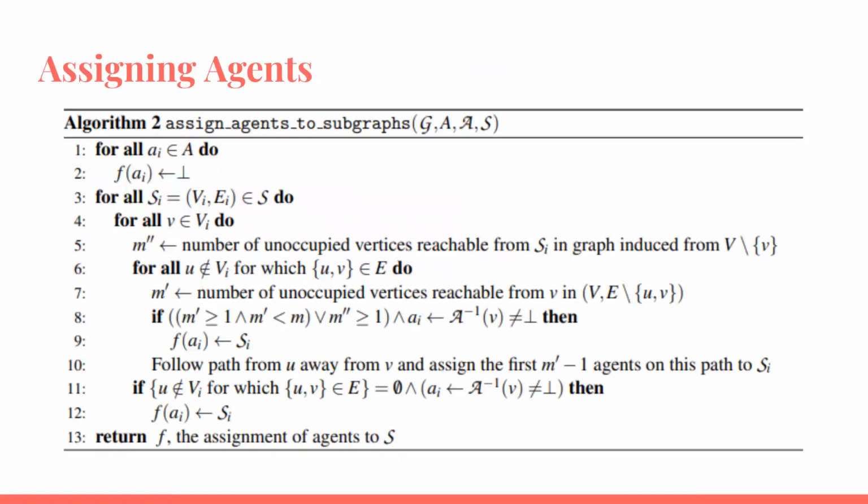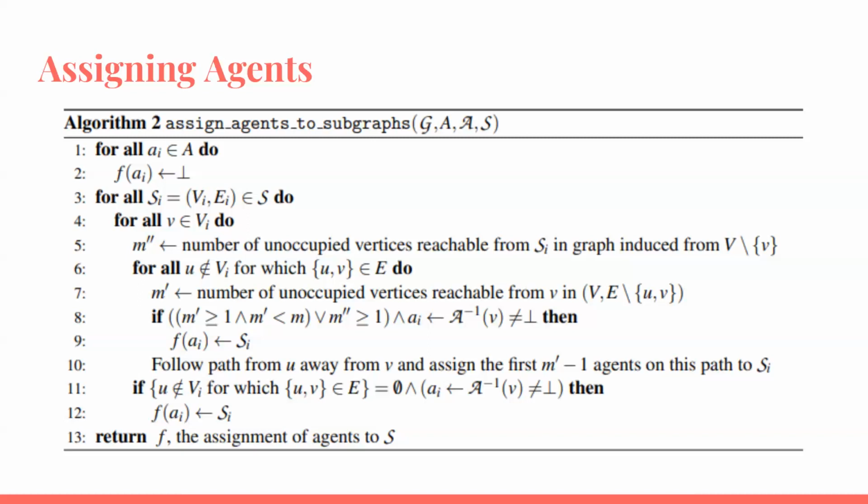So now we'll talk about assigning agents to these subgraphs. Basically, the pseudocode here is saying it's going to iterate over all the vertices in the subgraphs, deciding if an agent occupying a vertex should be assigned to that subgraph. There are two kinds: there are vertices that only connect to vertices in the subgraph, and there are those connected to vertices outside the subset.